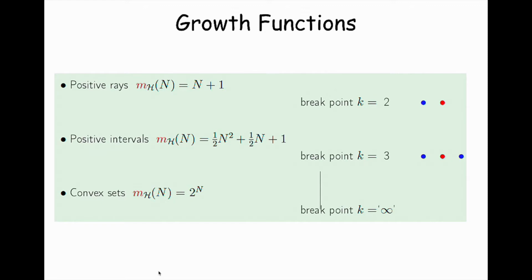For the positive rays, the breakpoint k was 2. For the positive intervals, the breakpoint was 3. And then we looked at convex sets, which did not have a breakpoint, so the breakpoint k for the hypotheses described by convex sets is infinite.